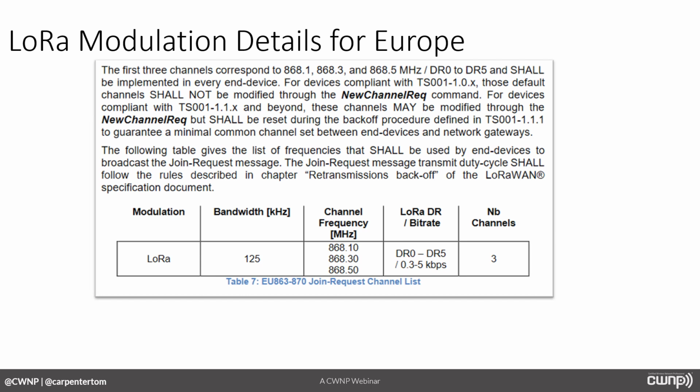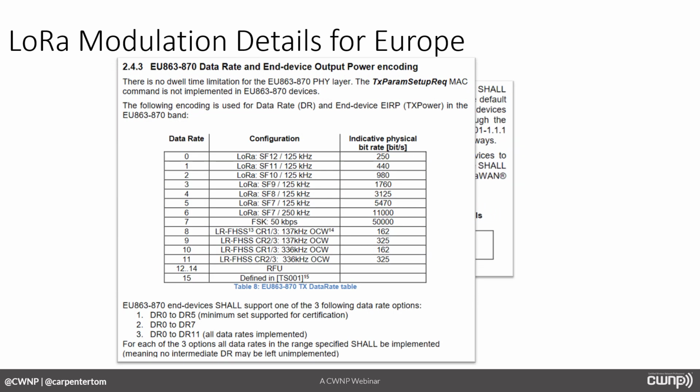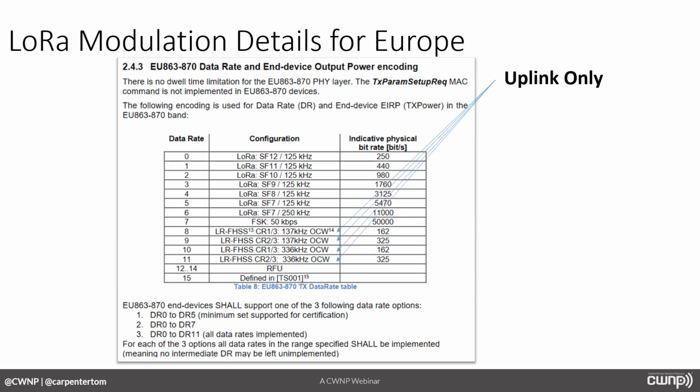You can see this detailed information in table format and so forth, and you can see the lowest data rates as well. I do want to point out, I had mentioned earlier that LoRaWAN can support long-range frequency hopping spread spectrum. And you see it right here. That is an uplink only modulation. So the gateways will never use that modulation to communicate to the end devices, but the end devices can use it to communicate with the gateway.